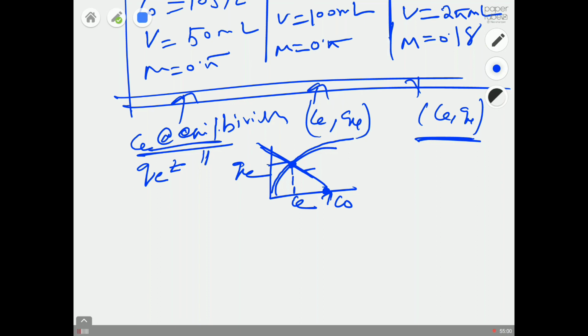Then you just draw the slope line, and wherever it intersects your equilibrium curve, you will know your CE value and your QE value.